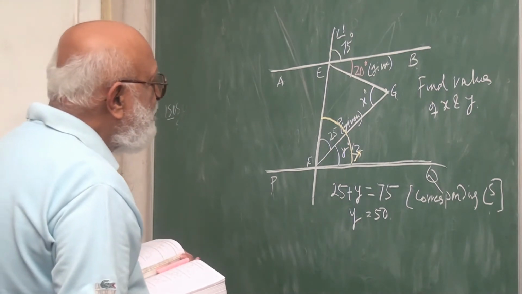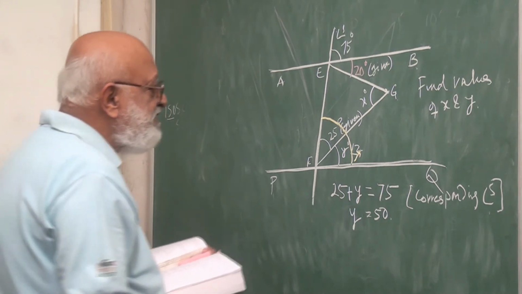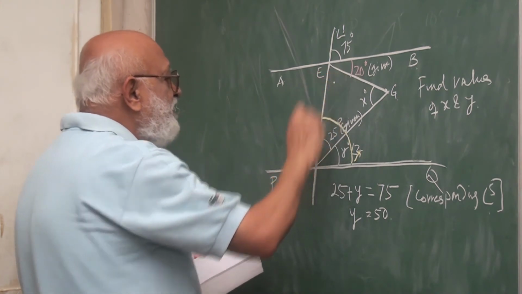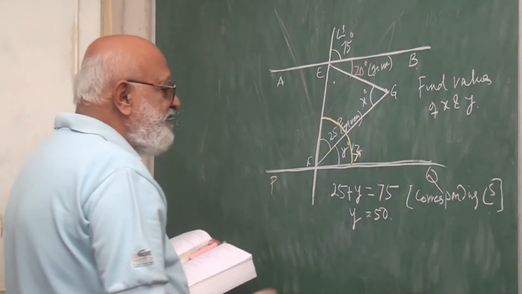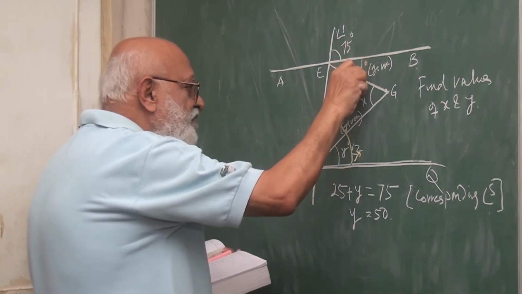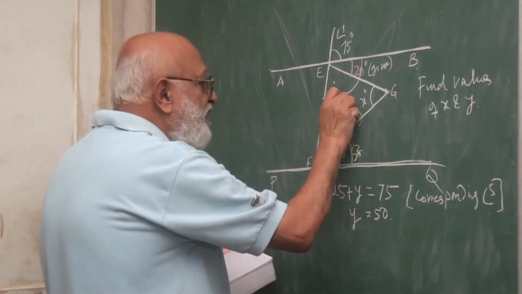Now what would be the value of x? See this angle here. Let us say this whole angle is angle 2, and this angle let us call angle 3.